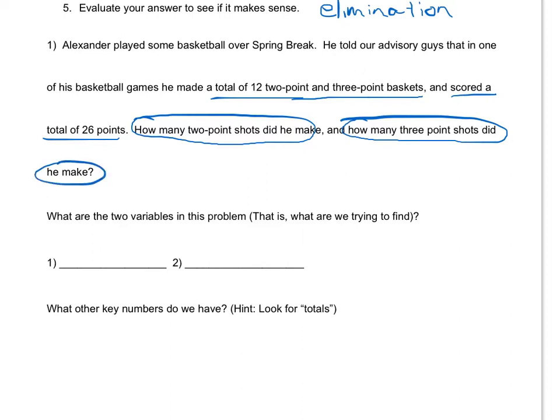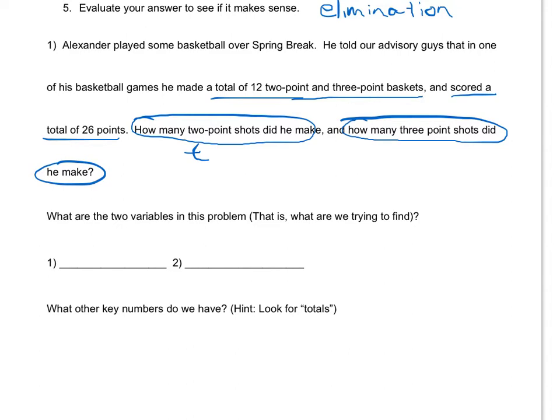Again, we're going to use our steps. Whenever we're looking at word problems, we need to ask, what's the question asking us? One question is, how many two-point shots did he make? So we need to assign a variable to two-point shots. I'm going to use the variable t for two-point shots. The second question is, how many three-point shots did he make?